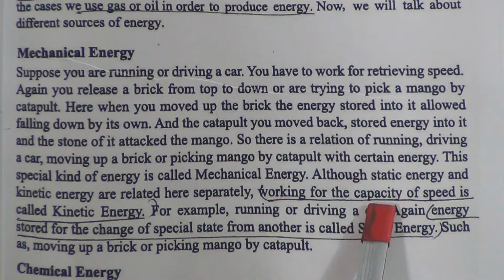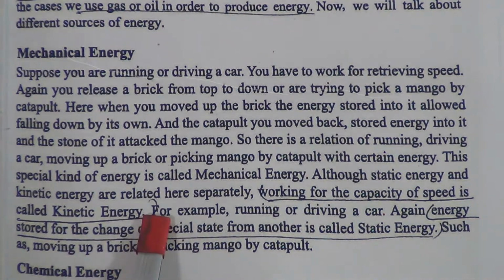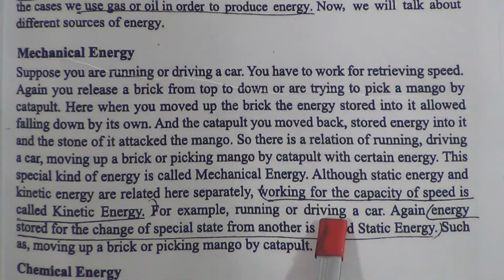Working for the capacity of speed is called kinetic energy, for example, running or driving a car. Again, energy stored for the change of spatial state from another is called static energy, such as moving up a brick or picking a mango by catapult.